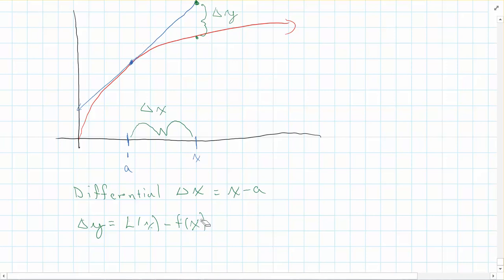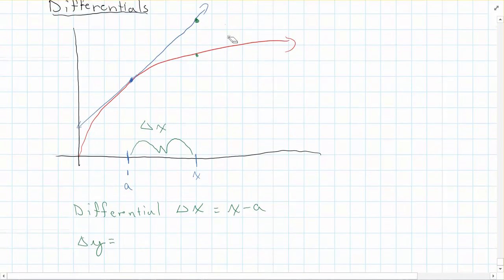Oh, I'm sorry, I'm spaced out here. That's not what I want to actually label. Sorry about that. Mislabeled that.